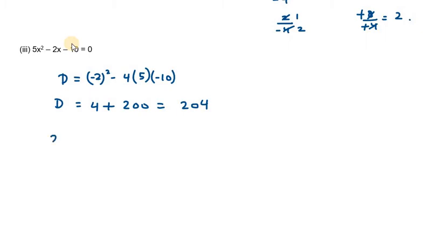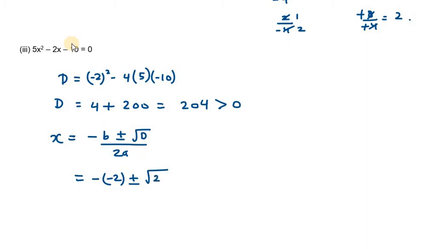So now you can see that it is greater than 0. And if it is greater than 0, that means we need to find the roots of it, and it will be real and distinct. Let's find out. So we have minus b plus minus under root D over 2a. Minus b is 2, plus minus under root D, D is 204, over 2a. a is 5.